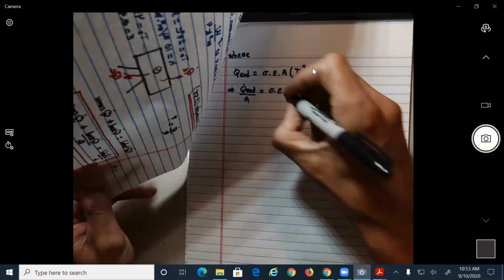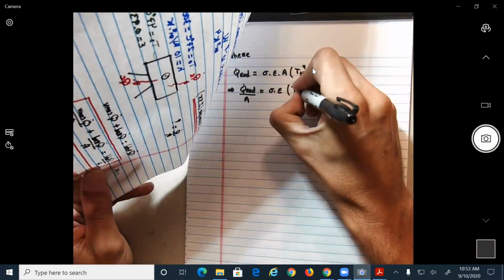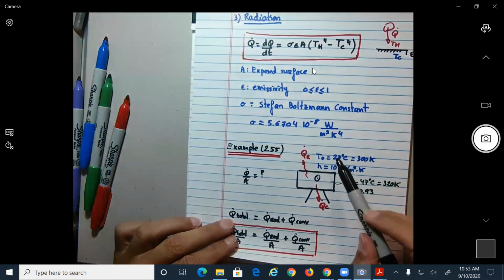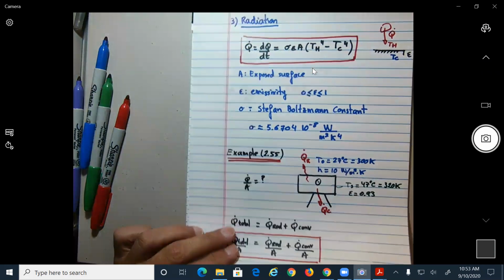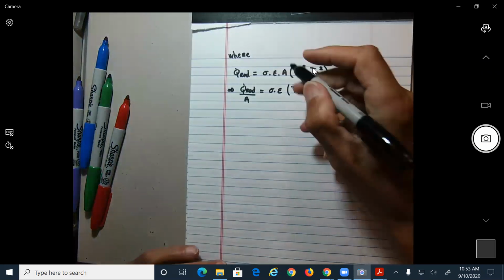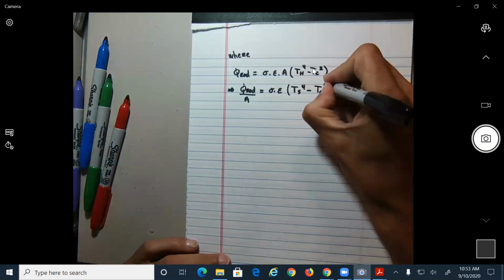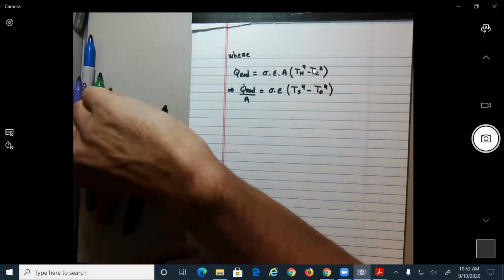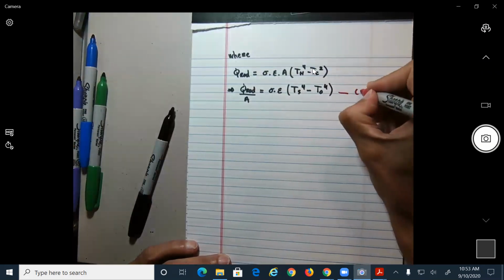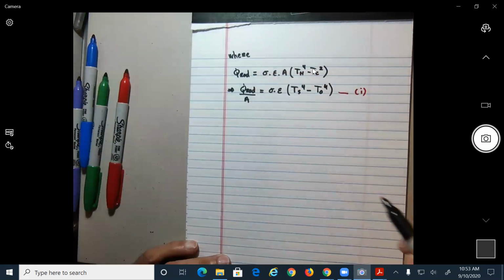So it will be T surface to the fourth, and you are losing heat towards which medium? The air, which is at 27 degrees Celsius, no? Which is T sub naught, minus T sub naught to the fourth.